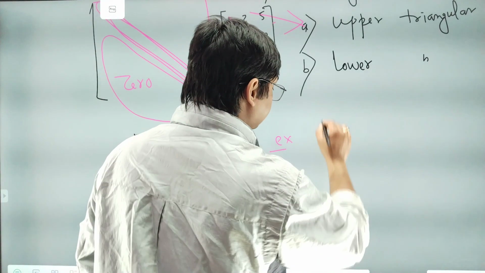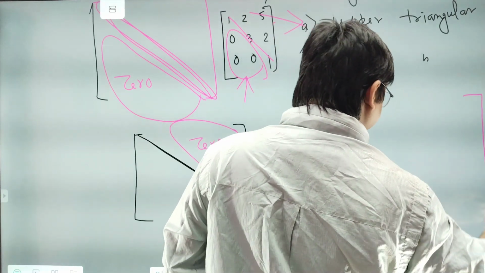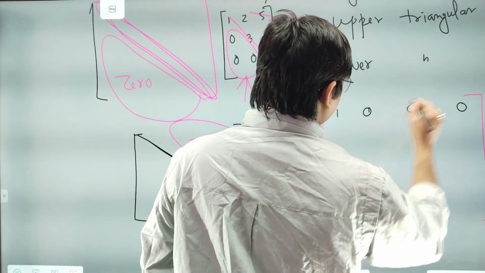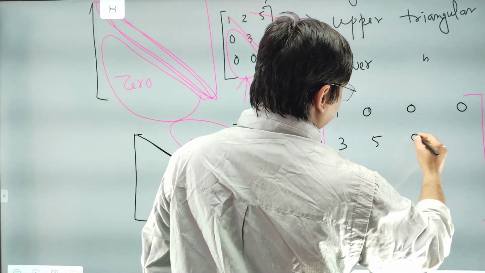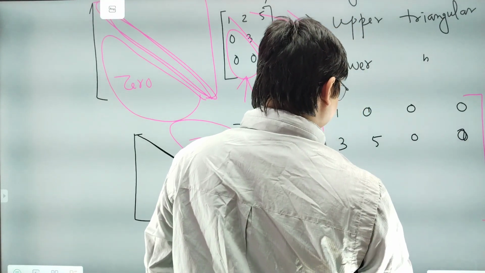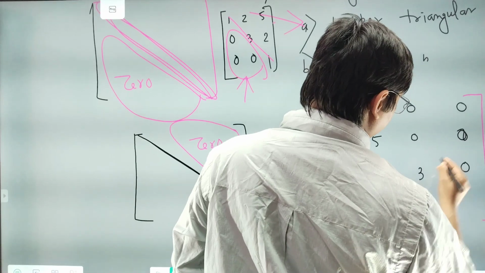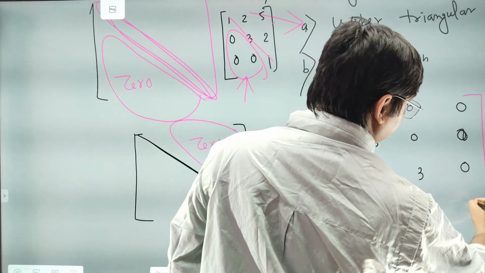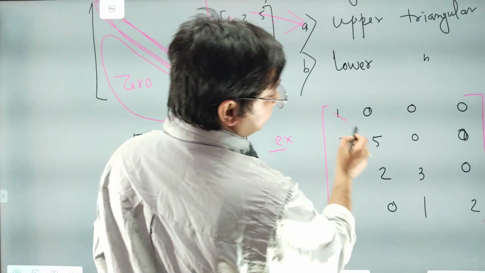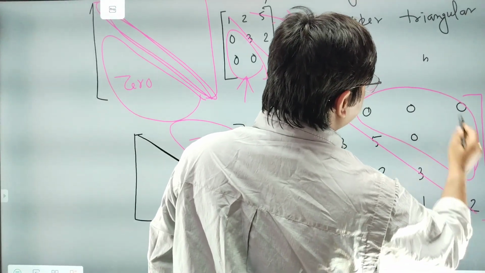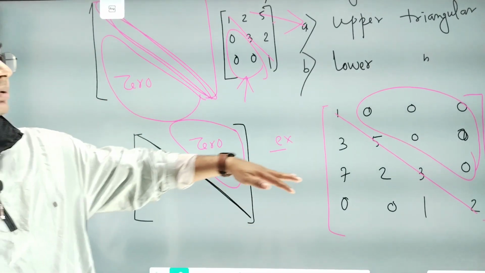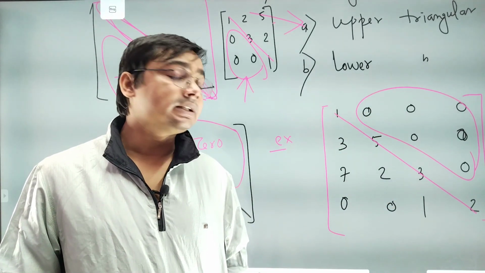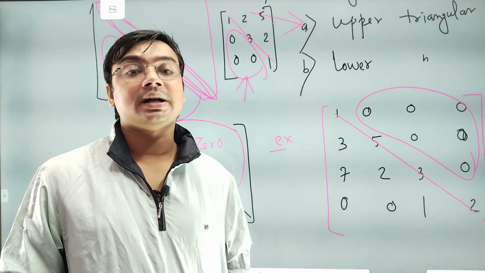For example, consider this matrix: 1 0 0 0, 3 5 0 0, 7 2 3 0, 0 0 1 2. You see, this is the principal diagonal, and all the elements just above the principal diagonal are 0 here. That means this is a lower triangular matrix.